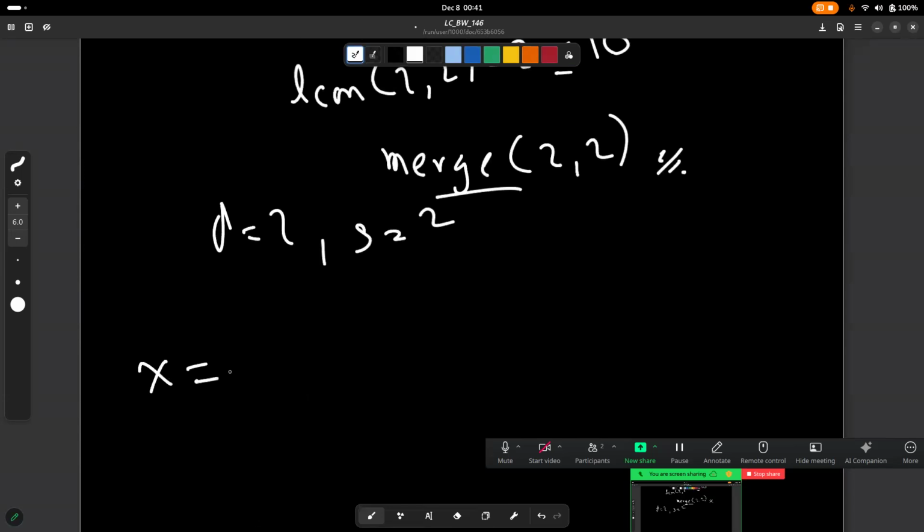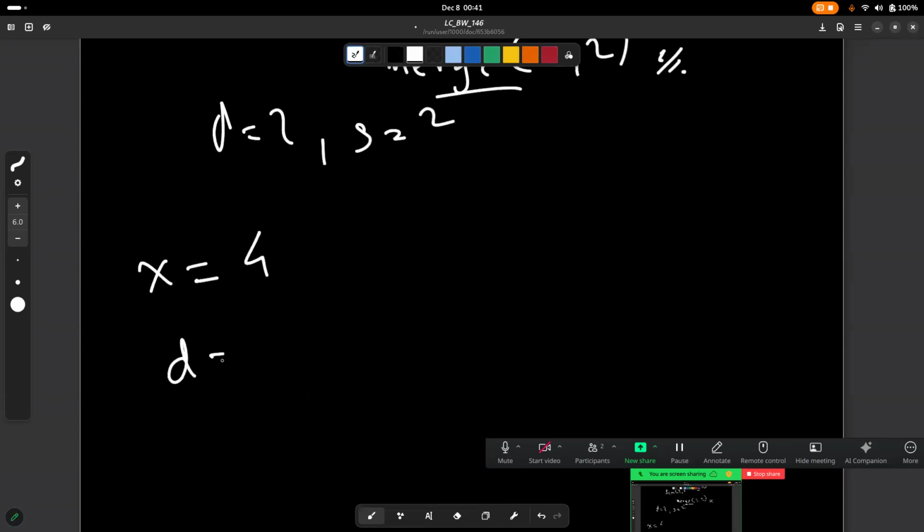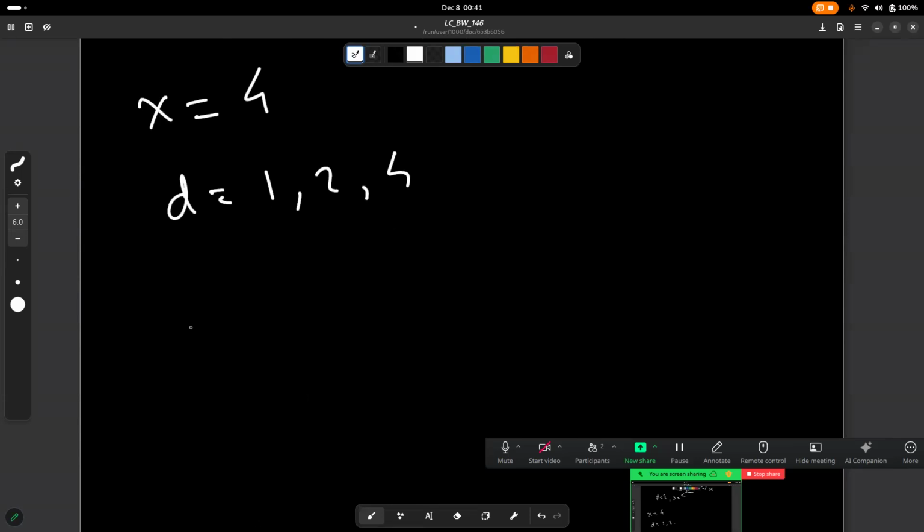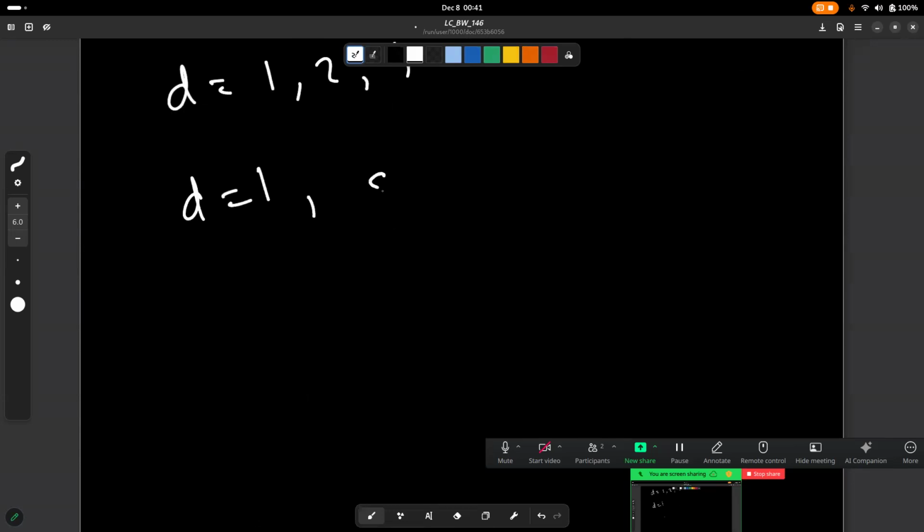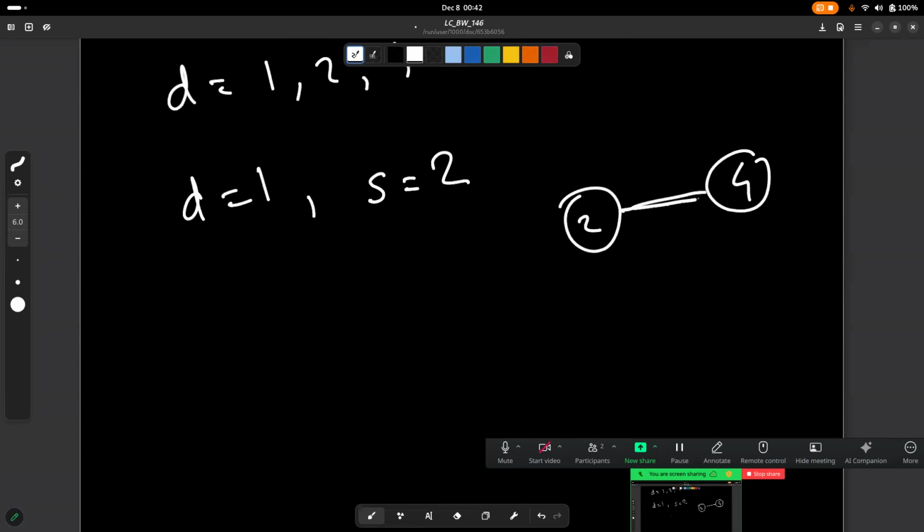You go to x equal to 4, the next element. For this, the divisors can be 1, 2, or 4, 4 itself. When the divisor is equal to 1, your s value is equal to 2. Can you join 2 and 4? Well, what will the value of this edge be? It will be LCM of 2 and 4, that is equal to 4.